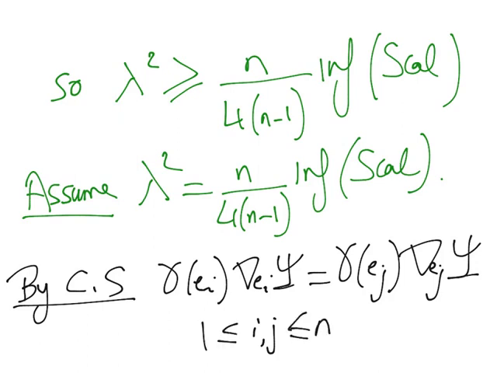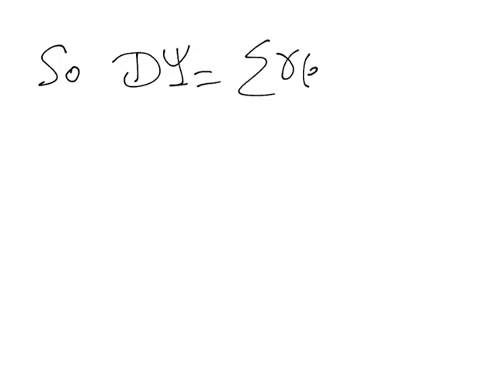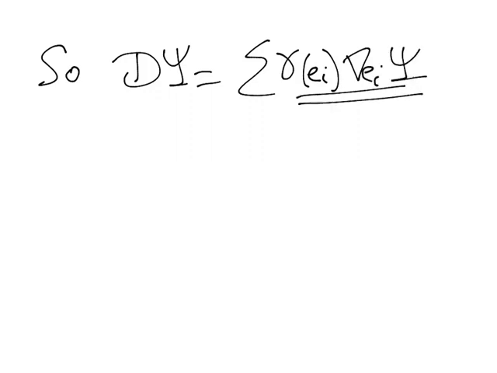And so this means deep psi, which is sigma gamma ei nabla ei psi. Since all these terms are equal, it's n gamma ei nabla ei psi.